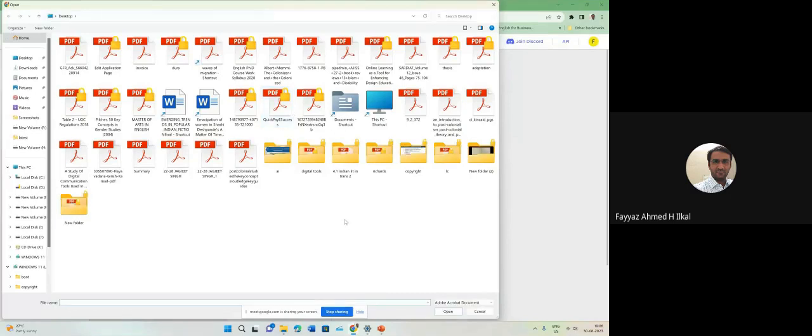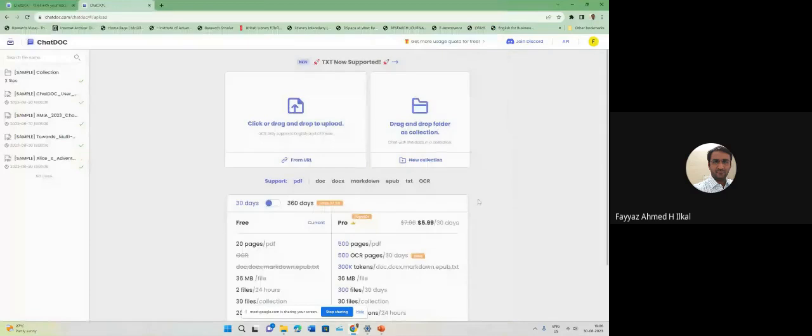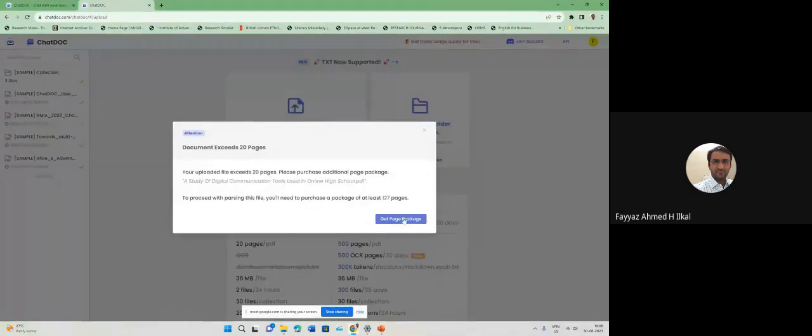You can just click and drag as well. So it has limitations, and the document should not exceed more than 20 pages.